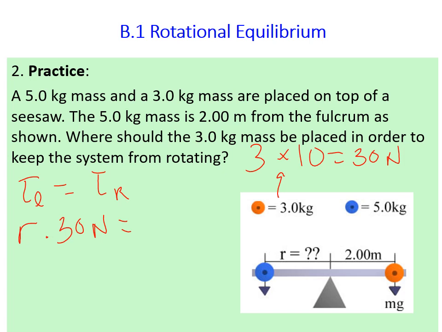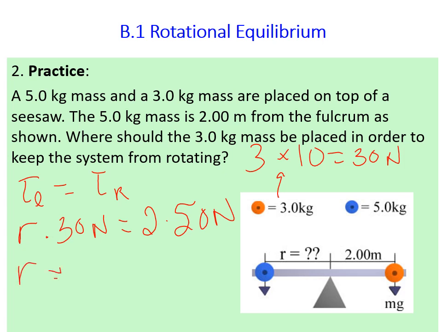Same thing, the torque on the right side is due to the 5 kilogram mass, or the 50 newton weight at a distance of 2 meters from the fulcrum. 2 meters times 50 newtons. And this way we can find where this 3 kilogram mass should be placed.